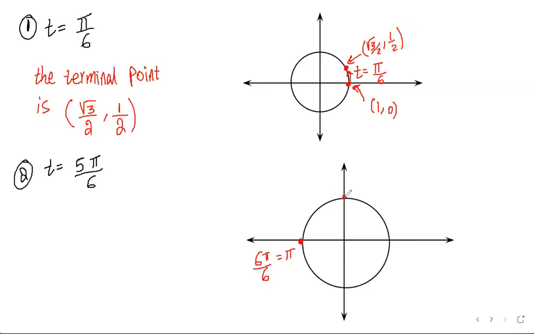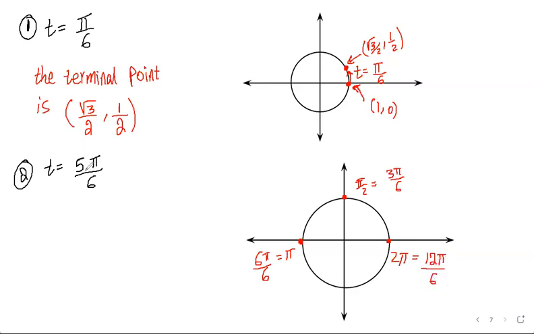This point here is pi over 2, and this is actually 3 pi over 6. This point is 0 if I start from here up to 2 pi, and 2 pi is actually 12 pi over 6.